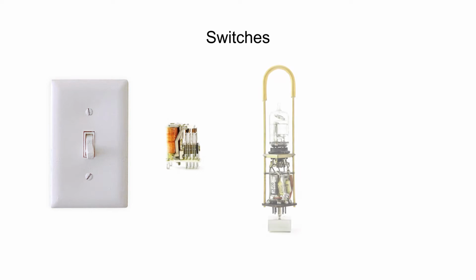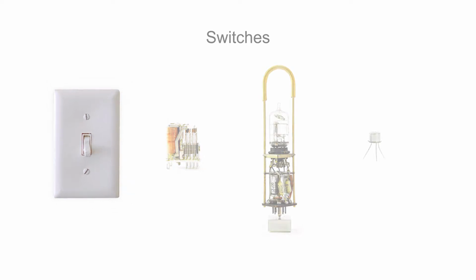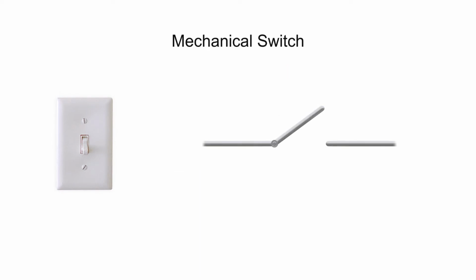There are different types of switches: mechanical, electromechanical, vacuum tubes, and transistors. The mechanical switch is operated manually. It is thus very slow and not suitable for fast switching.